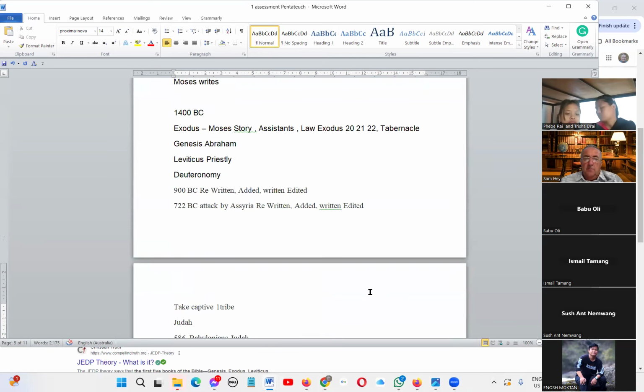So sometime between the time of Moses and the copy of the Old Testament that we have, in that 1,000 years, changes have been made, and new editors and writers have given us the copy that we have.